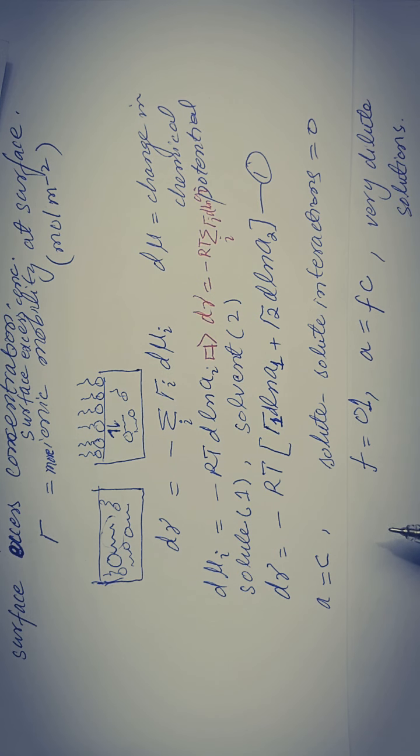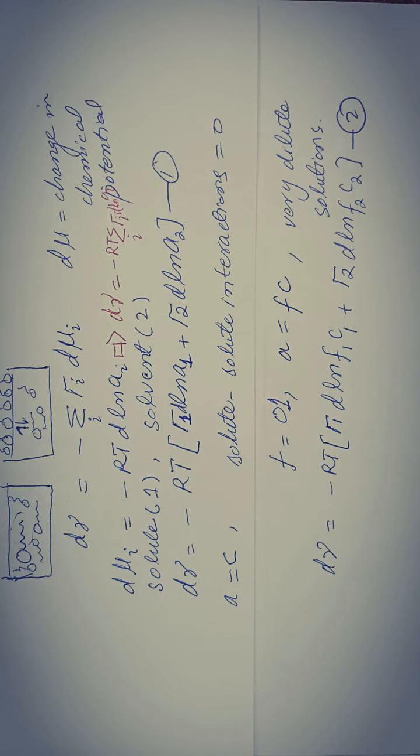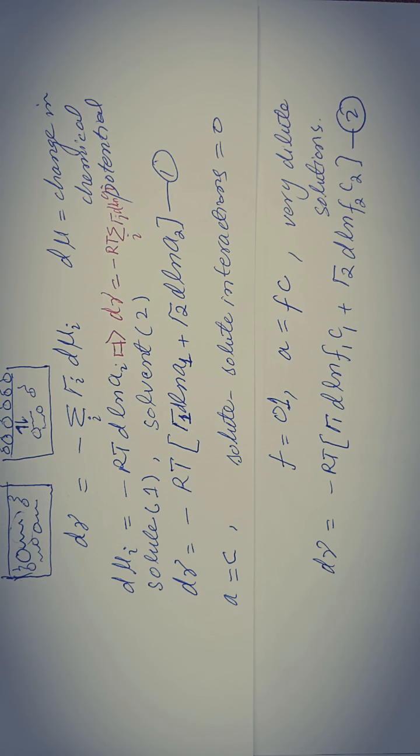In this way we can rewrite equation number 1 as equation number 2. Here the activity coefficients f1 and f2 are considered to be equal to 1, and the differential of the activity coefficient, that is a constant value, must be equal to 0.